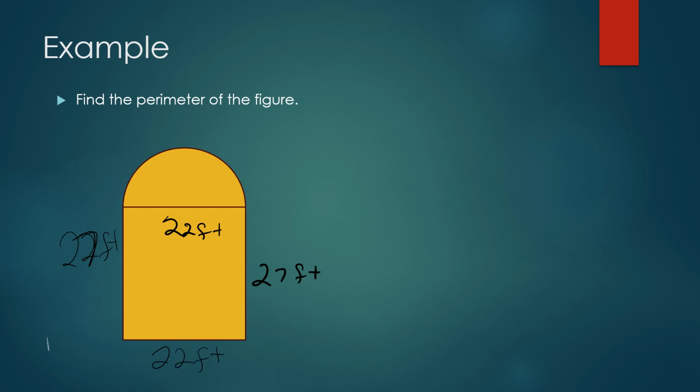So right now we have the perimeter is equal to 2 times 27 plus 22. If we just had the rectangle, we would do 2 times 27 and 2 times 22. But this line here is actually inside the figure and is not part of the perimeter. So I only need 22 once. This is how I'm modifying the formula based on the situation that we have.